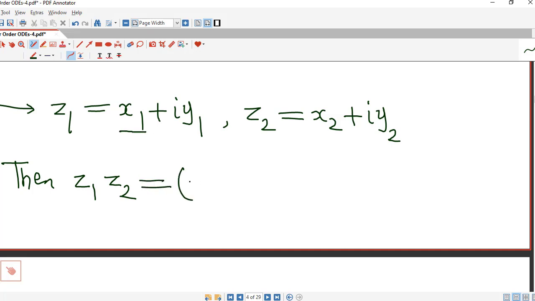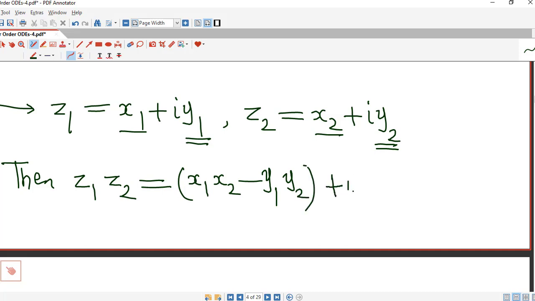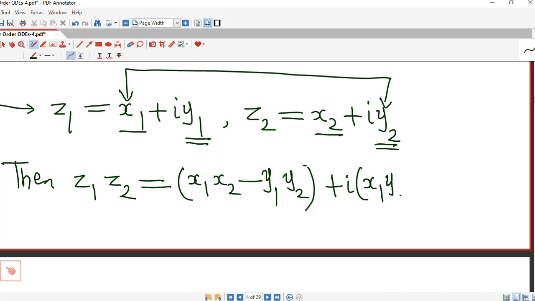Real part of z1, that is x1, into real part of z2, which is x2, minus imaginary part of z1, which is y1, into imaginary part of z2, which is y2, plus i times real part of z1 multiplied with imaginary part of z2, that is x1 into y2, and imaginary part of z1 multiplied with real part of z2, which we can write as y1 into x2.